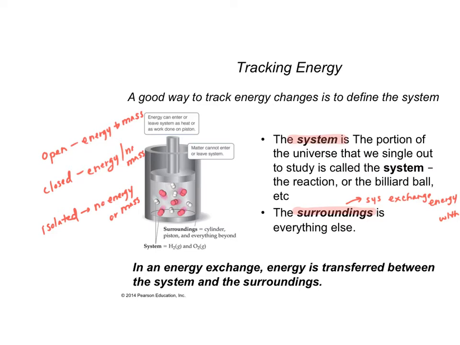What would be a nice example of an isolated system? Isolated. Can't exchange mass or energy. A perfectly idealized isolated system. I close my little cap. What about this guy? What's the purpose of a hydro flask?